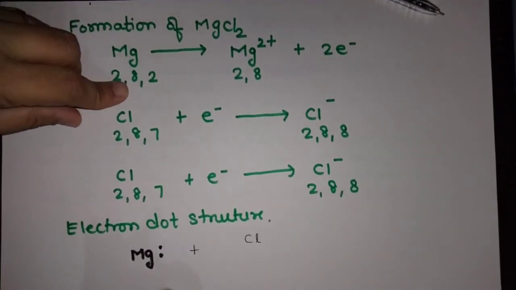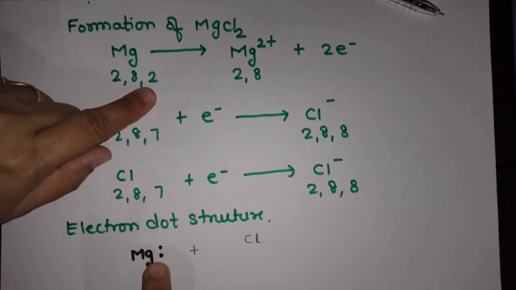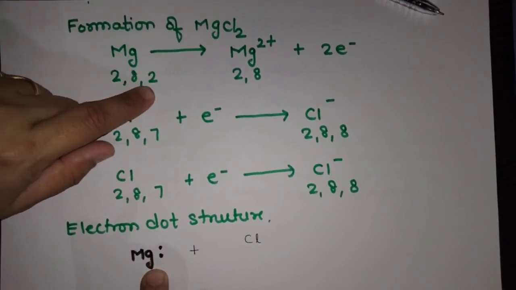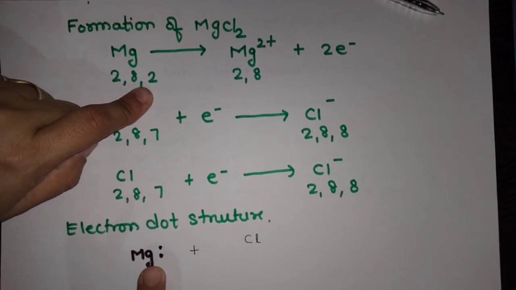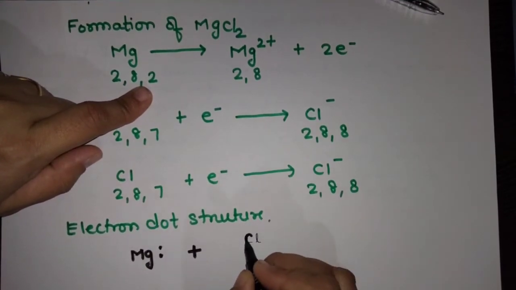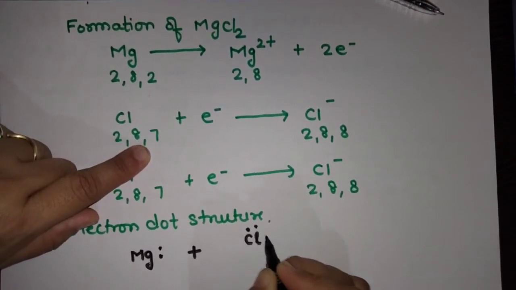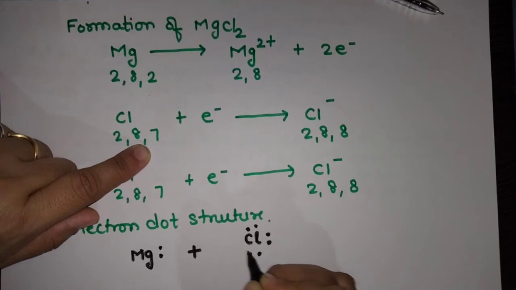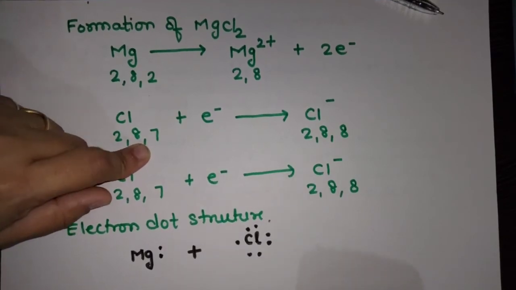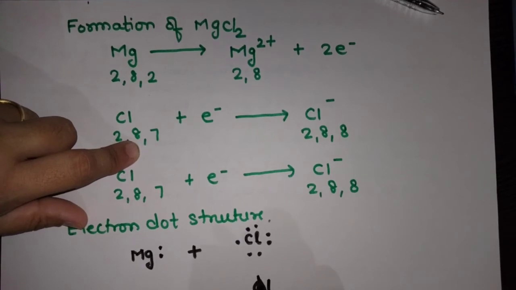In the electron dot structure we write the outermost electrons, so these are the valence electrons which we are mentioning. In the case of chlorine, how many valence electrons are there? 7. So we'll mention 1, 2, 3, 4, 5, 6 and one more, 7. Again 2 chlorines are there, so we'll write 2 chlorine.